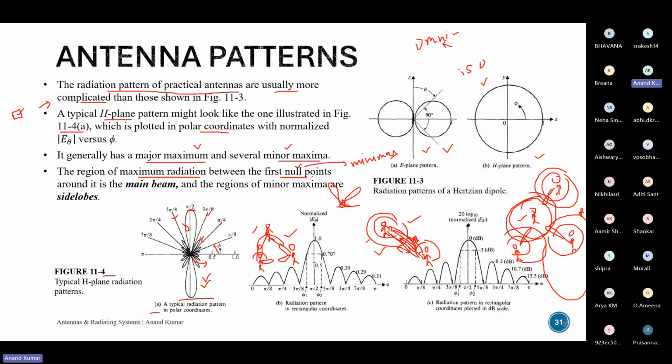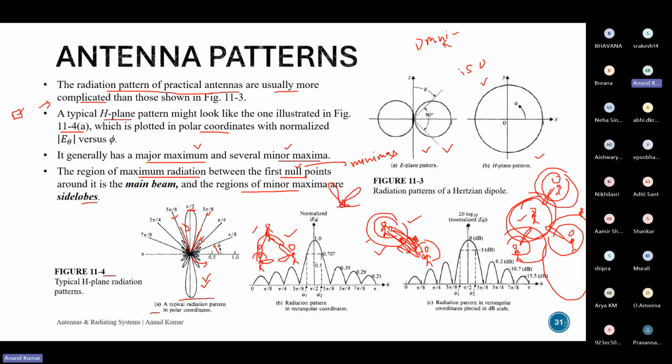Where we find the first and second nulls, between those two nulls is the main beam, and the regions of the minor maxima are called the side lobes.